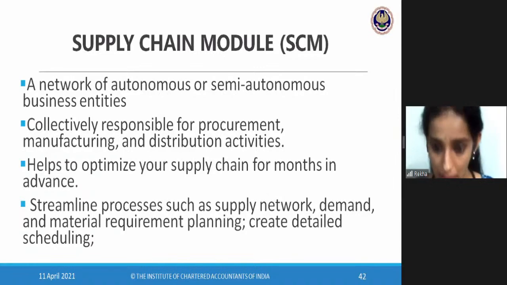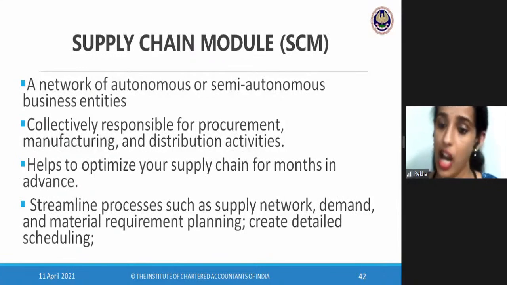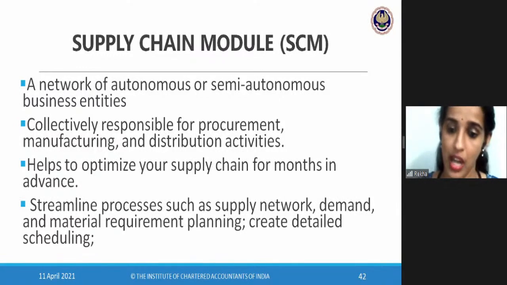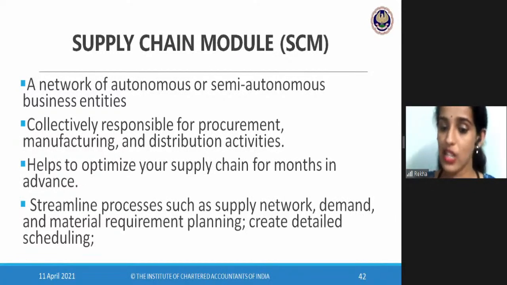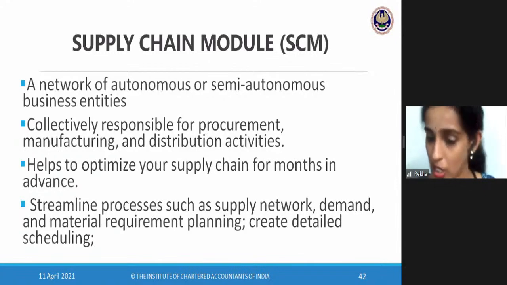Starting from how the raw material is obtained from the particular supplier, how it reaches the manufacturer, how the product is produced, how this product from the manufacturer reaches the distributors, from the distributors how it reaches the individual retail suppliers, and finally how it reaches the customer. So this entire chain has been captured by the supply chain module.